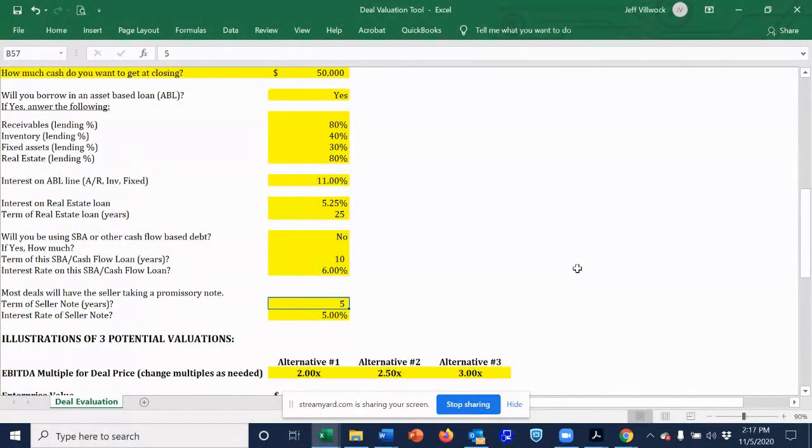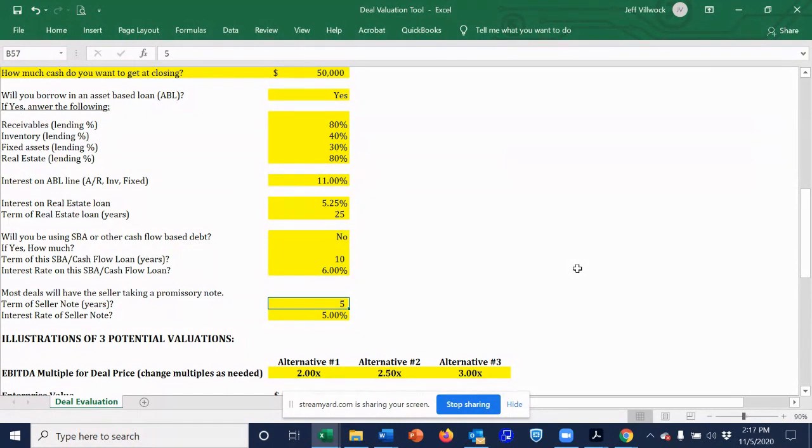Most deals, if you're going to do it without cash, you're going to need some more money. So where do you get the money? You get the money from the seller. What? Yep.